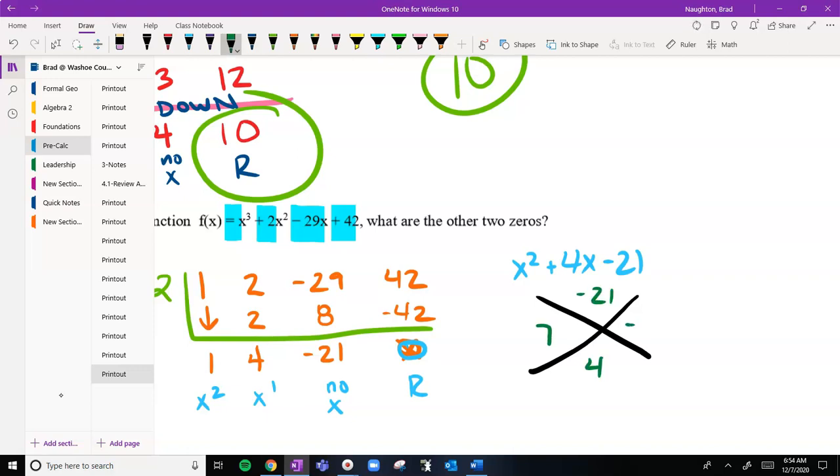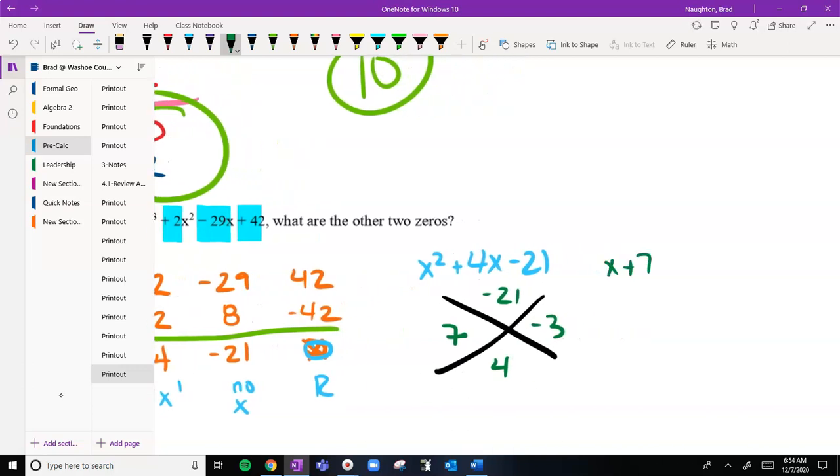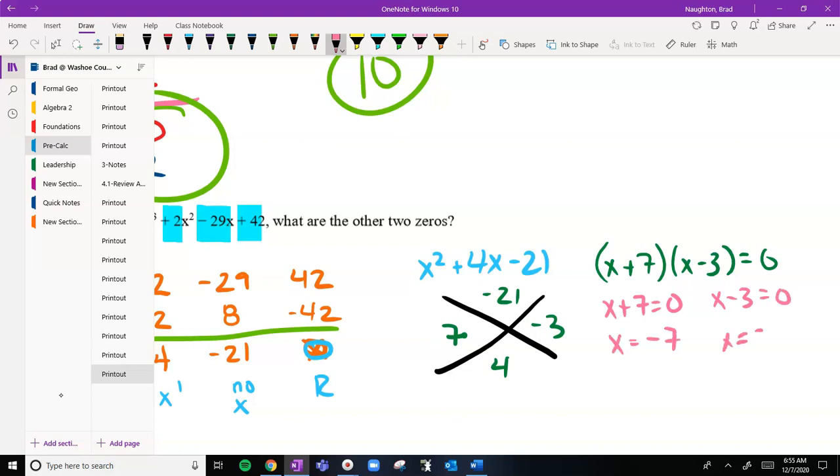That's 7 and a negative 3. So we're going to get x plus 7, x minus 3 is equal to 0. Set each one of them equal to 0. So x plus 7 is equal to 0, x minus 3 is equal to 0. So x equals negative 7, and x equals 3.